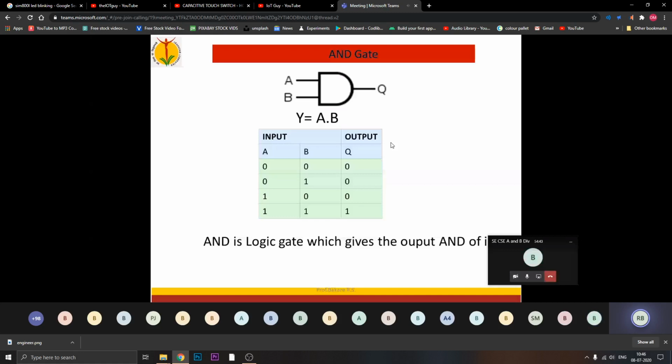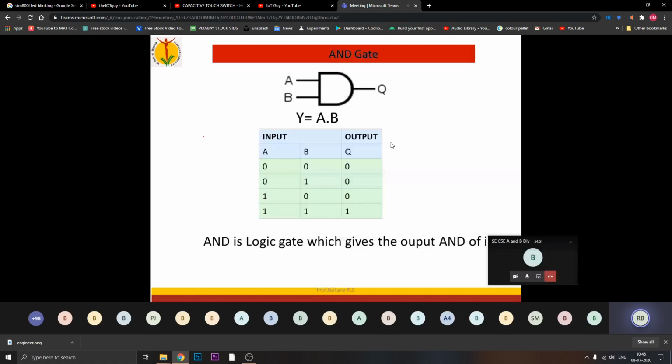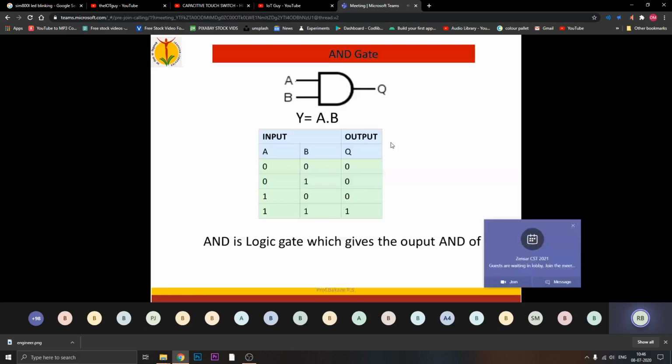Friends, the AND gate has two inputs and only one output, and this is the symbol of the AND gate. Look very carefully at the symbol of the AND gate and draw accordingly.